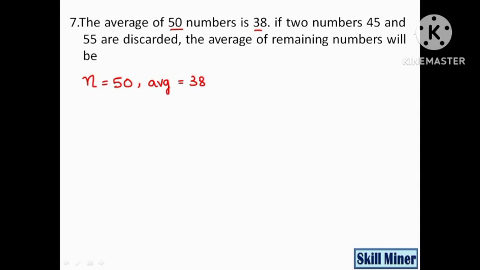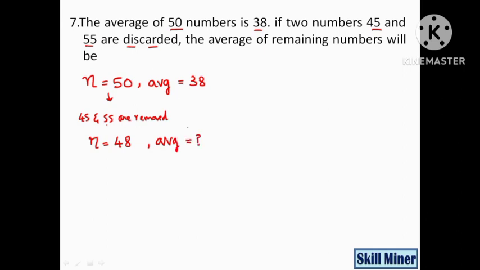If two numbers 45 and 55 are discarded, which means from these 50 numbers, 45 and 55 are removed, now there are only 48 numbers. So after removing two numbers, there will be 48 numbers. Now we need to find the new average.